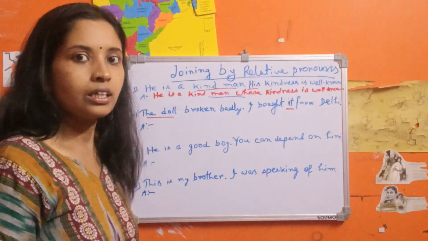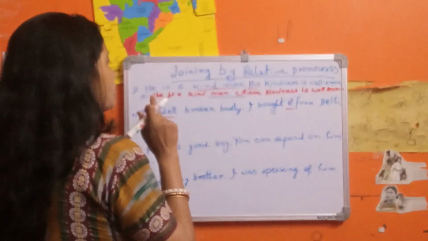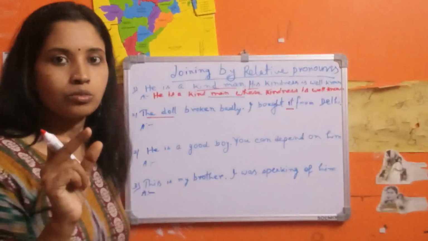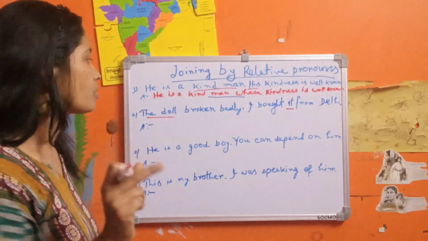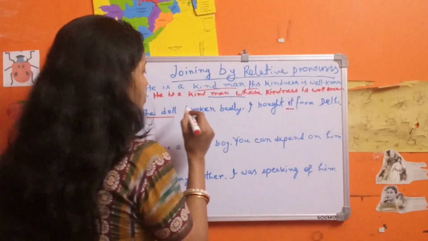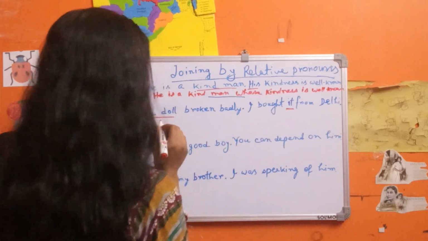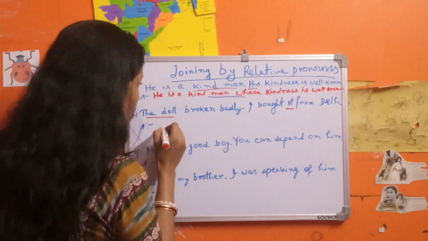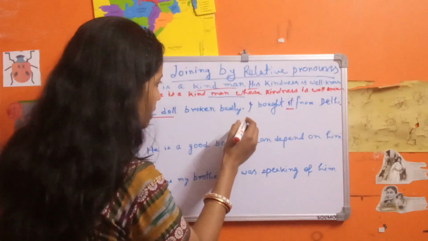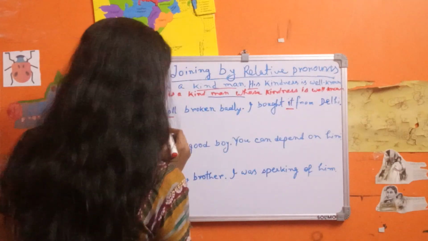That's why it would be joined with which or that, these relative pronouns. What will be its answer? The doll broken badly, which I bought from Delhi.